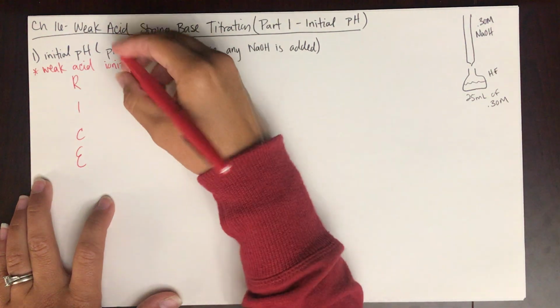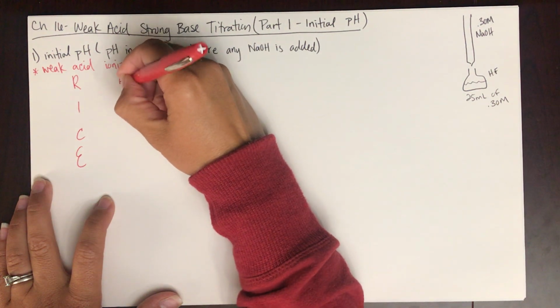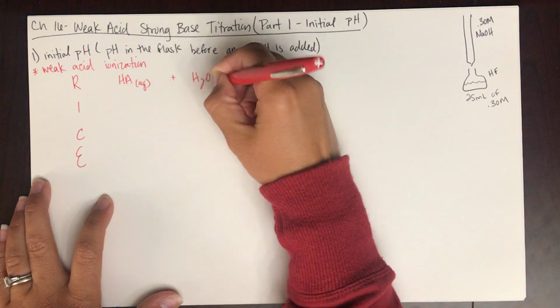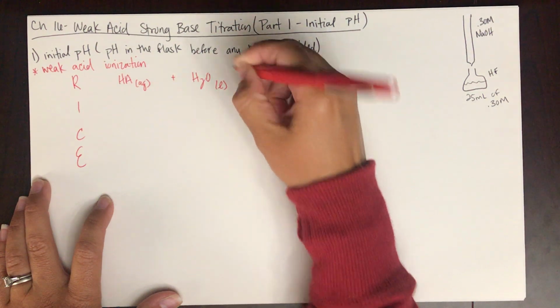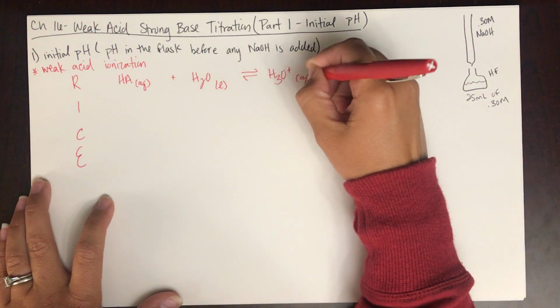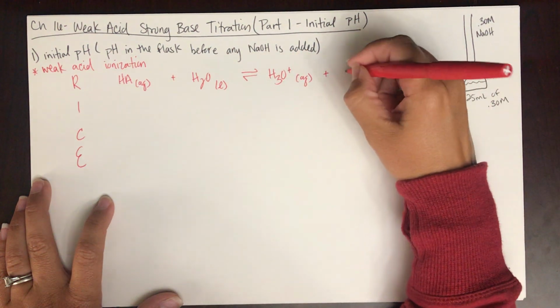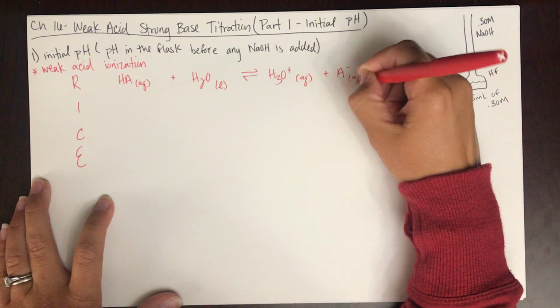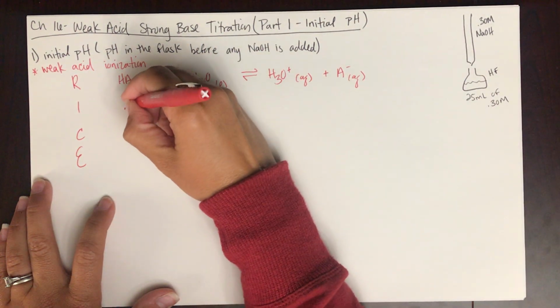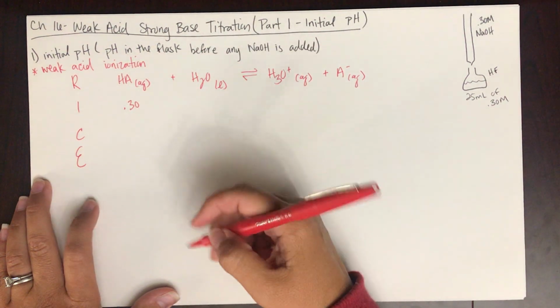So for the reaction, I'm just going to write the generic equation. The initial concentration is 0.30. Water is not included.